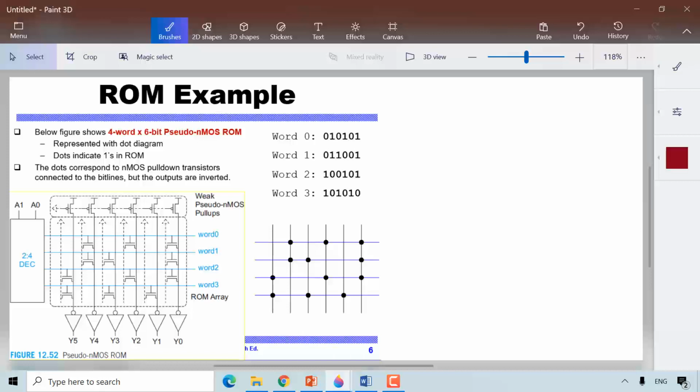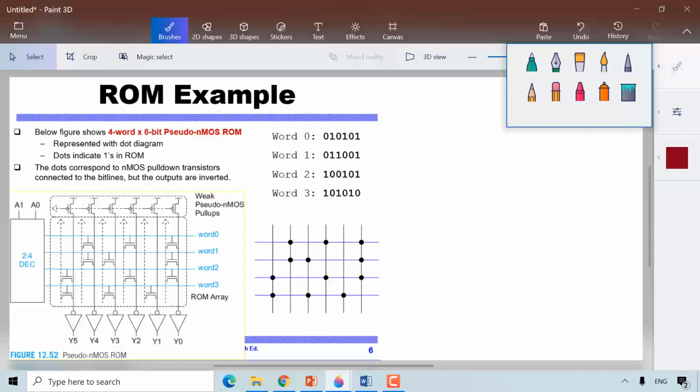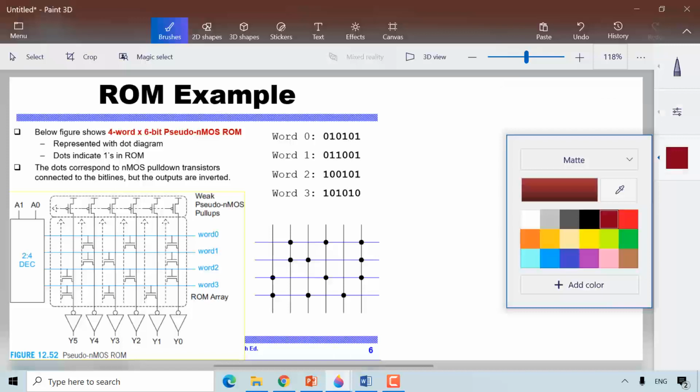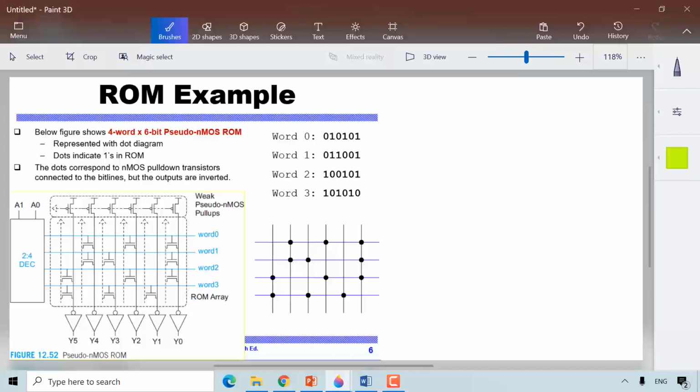In this memory, I have how many words? I have one word, two words, three, four words. Now, to address those words, I need two address bits.